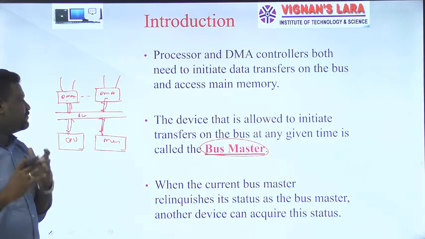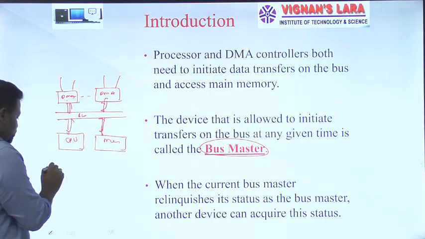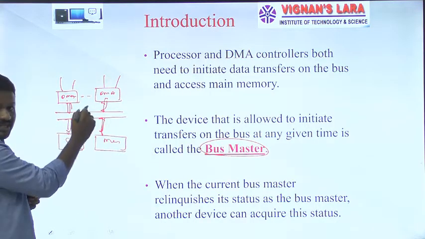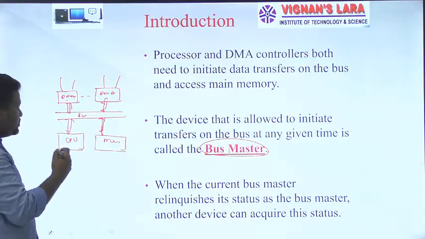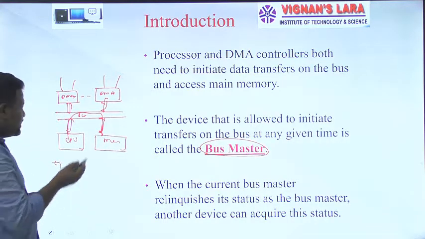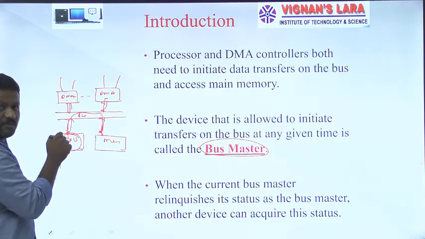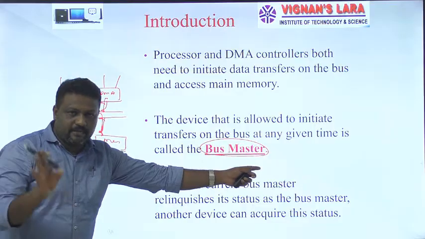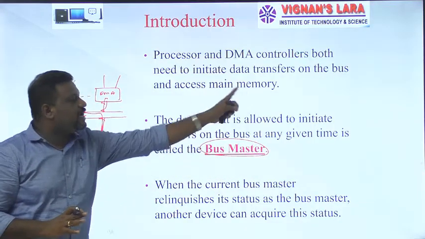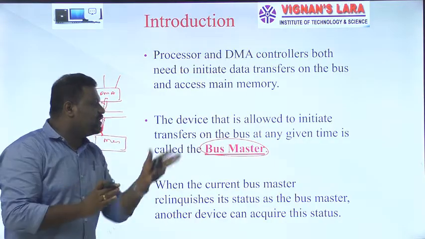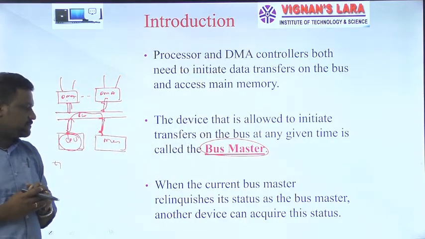And the second point, for example, at a time instant T1, the CPU initiates data transfer. That means the CPU transfers data to the memory. Then automatically I assume that the CPU is the bus master. So I clearly told you, the device that is allowed to initiate transfers on the bus at any given time is called the bus master.